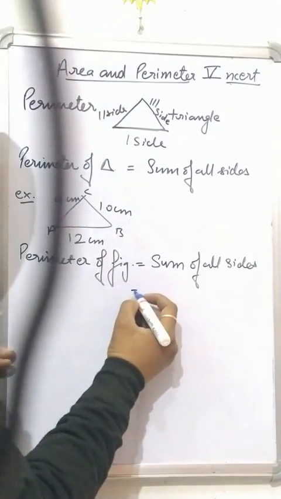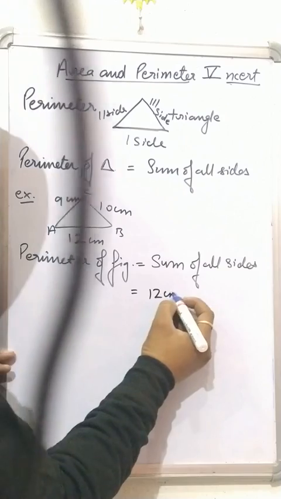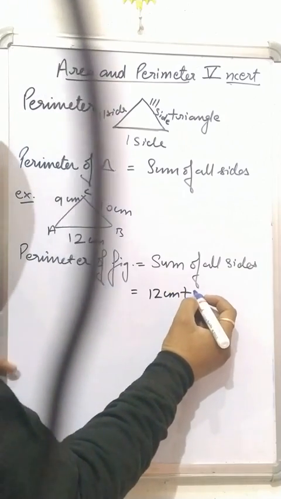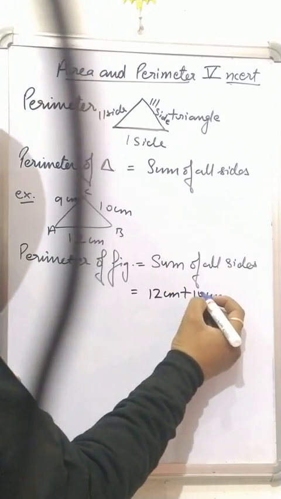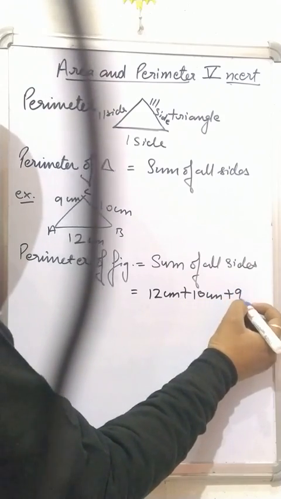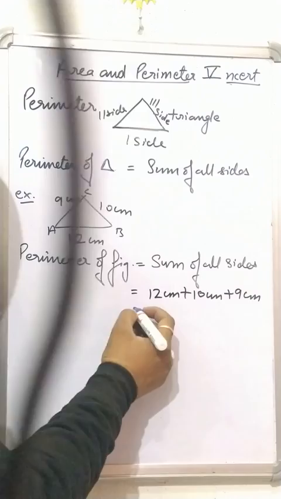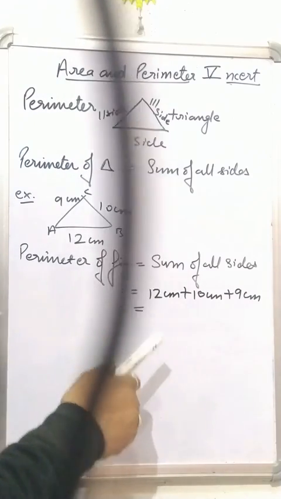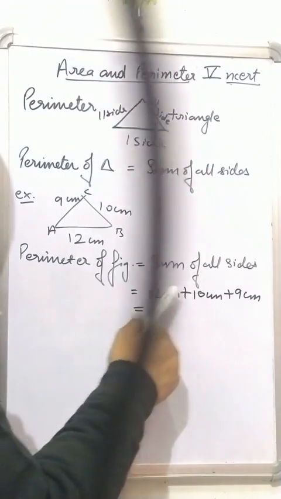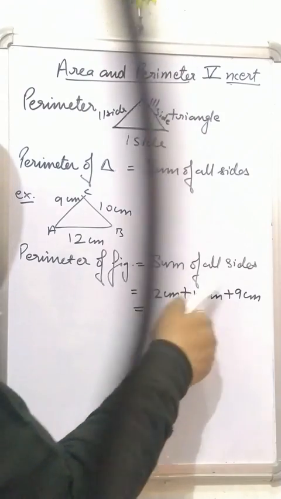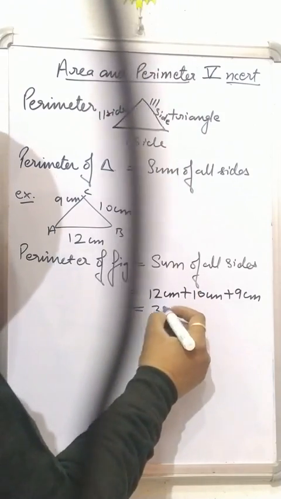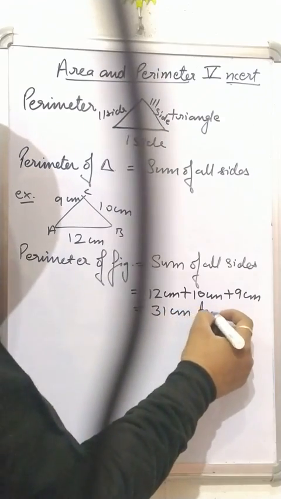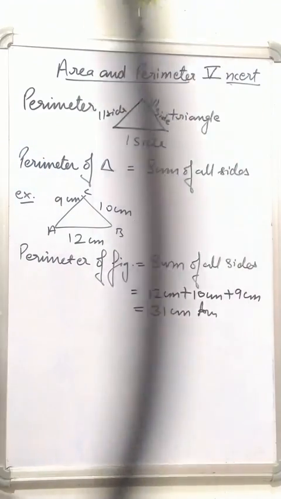Now here we know that one is 12 centimeter plus second is 10 centimeter and third one is 9 centimeter. Then total is 12 plus 10 is 22, plus 9, 31 centimeter. Is that clear?